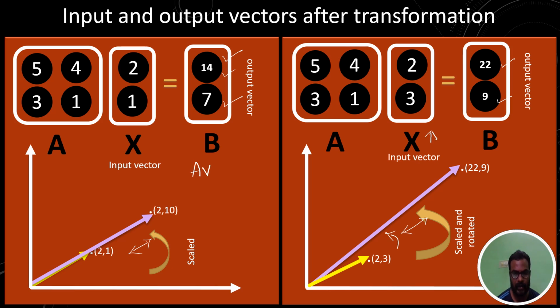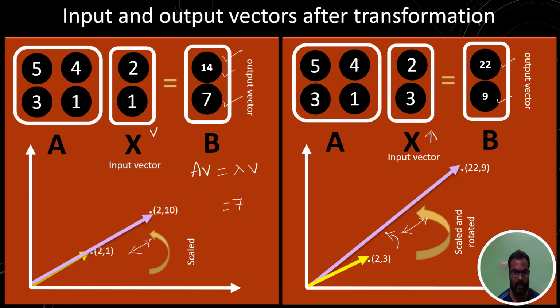Now, according to our definition, what we have written: A into V is equal to lambda V. Here V is nothing but this X. How do we match with this given definition? A into V I have written like this. What is V here on the right hand side? Let us take the common factor 7.